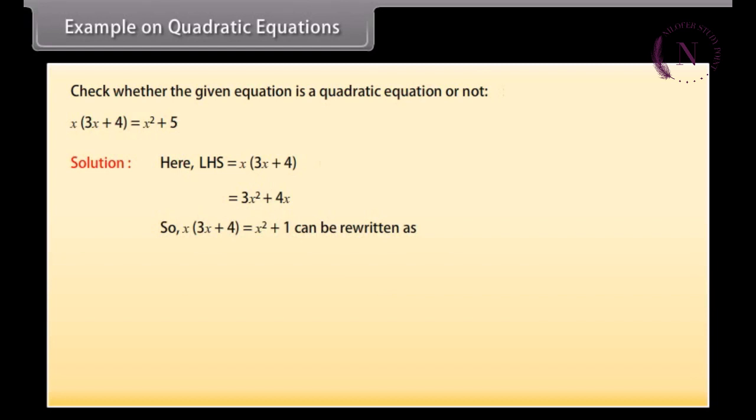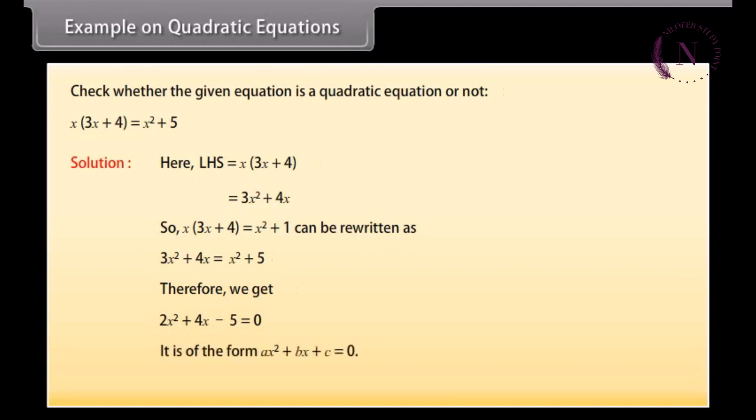So, x into 3x plus 4 equals x squared plus 5 can be written as 3x squared plus 4x is equal to x squared plus 5. Therefore, we get 2x squared plus 4x minus 5 is equal to 0. It is of the form ax squared plus bx plus c is equal to 0. So, the given equation is a quadratic equation.